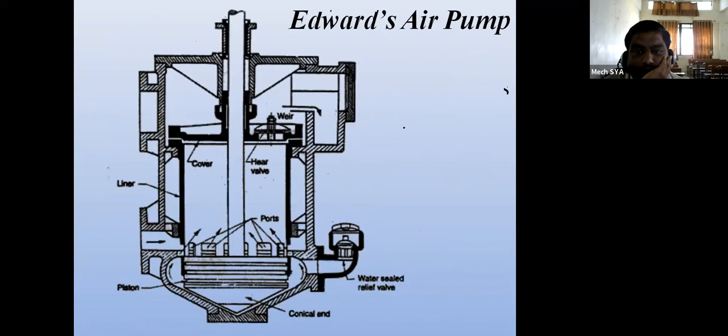Let us consider this particular condenser, and this is the length of the condenser. Let us consider TW1 as the condenser inlet temperature.